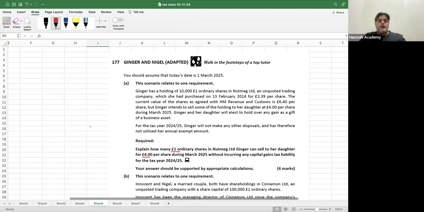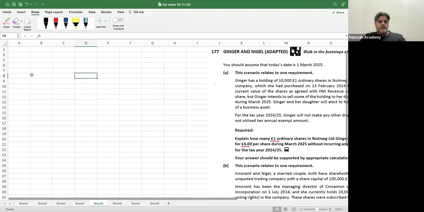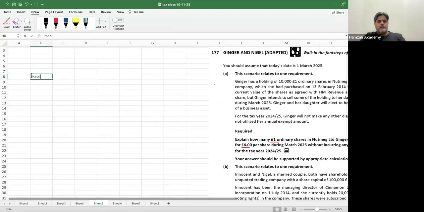So we can say for this part that the disposal of shares is at an undervalue. So the gift element of the gain can be held over, right?